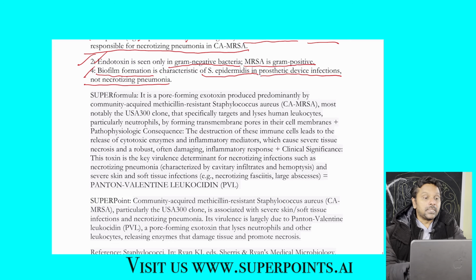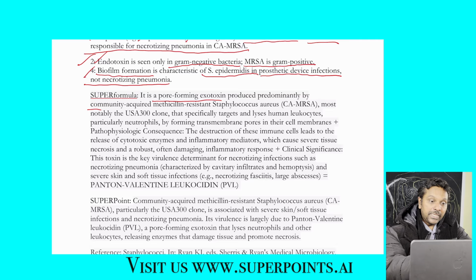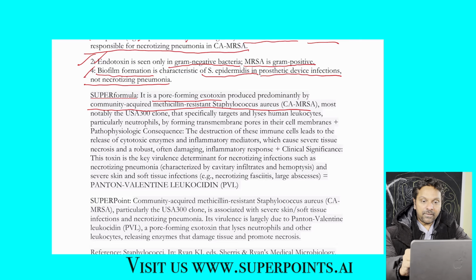All right. So next we have to talk about the super formula. The super formula is about arriving at the correct answer in 5 seconds. What are the key terms you can identify? Pore forming exotoxin, community acquired methicillin resistant Staph aureus, USA 300.